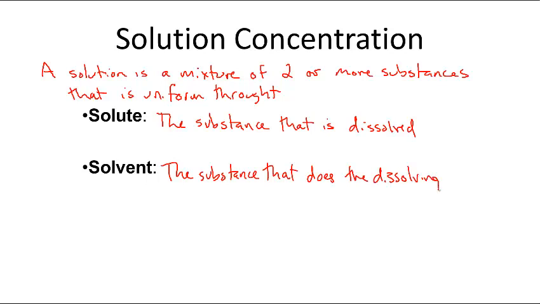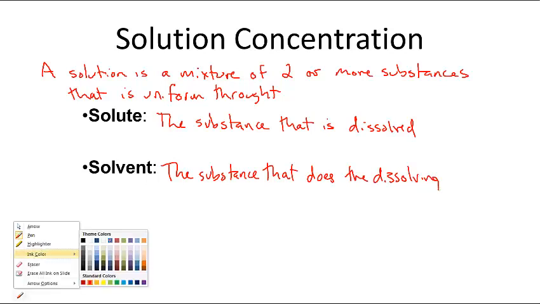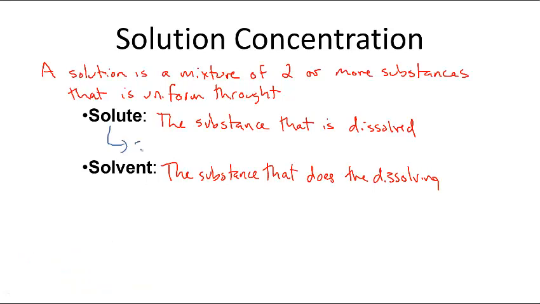So when you're making salt water, the solute is the salt, or in sugar water, the sugar. And the solvent, in this class, we're only going to make solutions with water as the solvent, but we're going to talk about other things that can be the solvent, like nonpolar substances, if we want to go back there, which helps us go back to understand intermolecular forces.